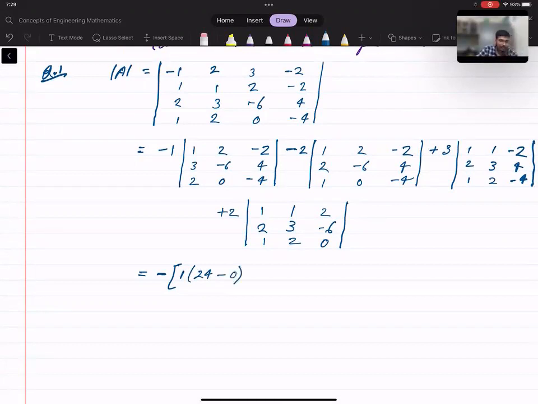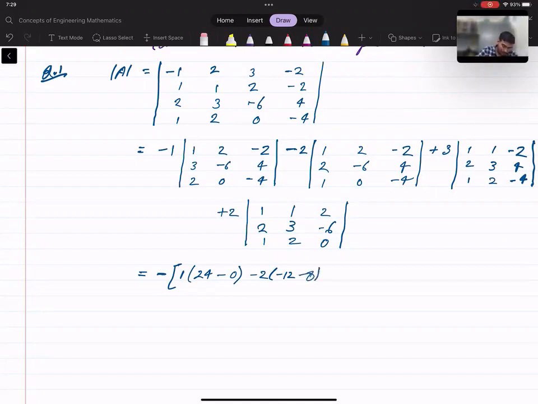Okay. Then the next one will be -2. Okay, it is obvious that negative sign will come. Here the minor is 3 4 2 -4. So the products are 4 3s are -12 and -8.